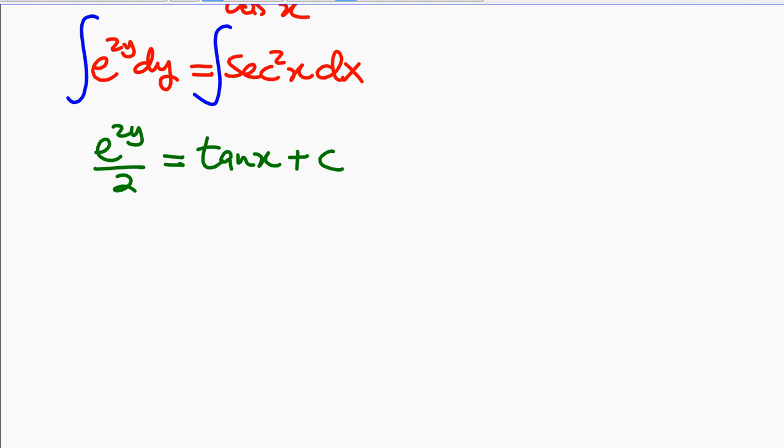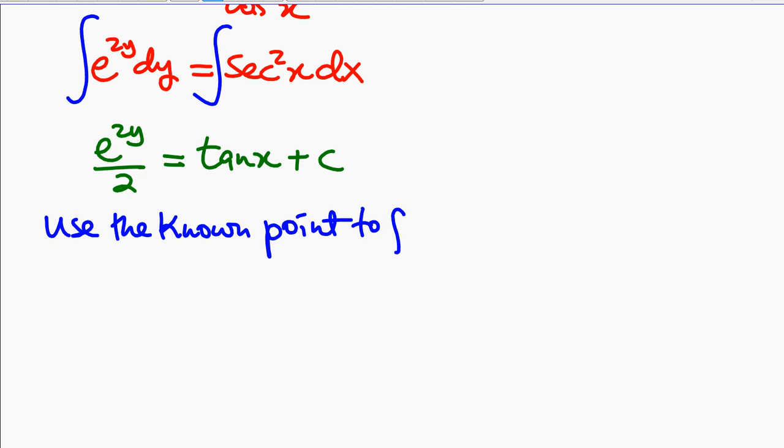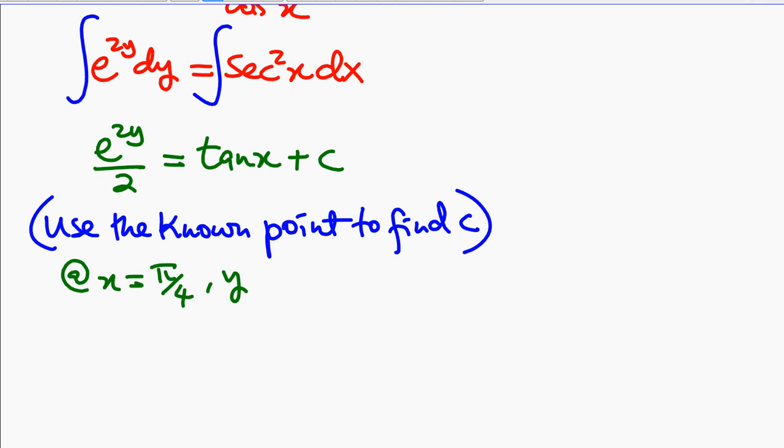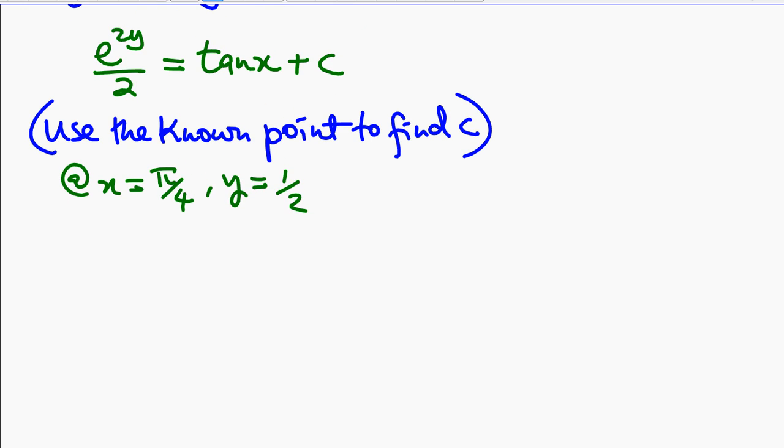What we need to do is use the known point to find c. We know that at x is equal to pi over 4, y is equal to a half. So I'm going to plug that into this equation.